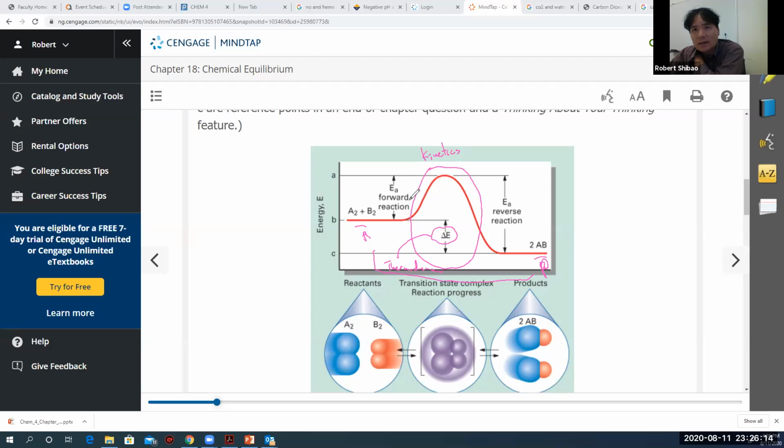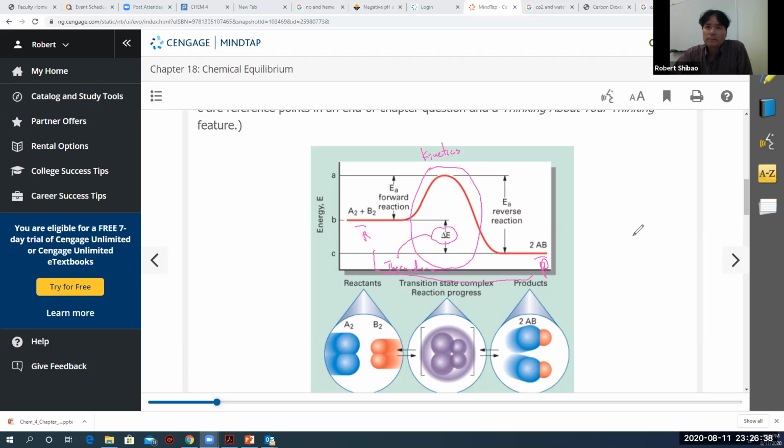And this E sub A is the kinetics part, how big that hill is. If the hill is very small, then the reaction is very fast. If it's very big, the reaction is slow. And the reverse reaction can also occur by going backwards here. But when you look at the reverse, it's an even bigger hill to climb. So it's a really tough reaction.